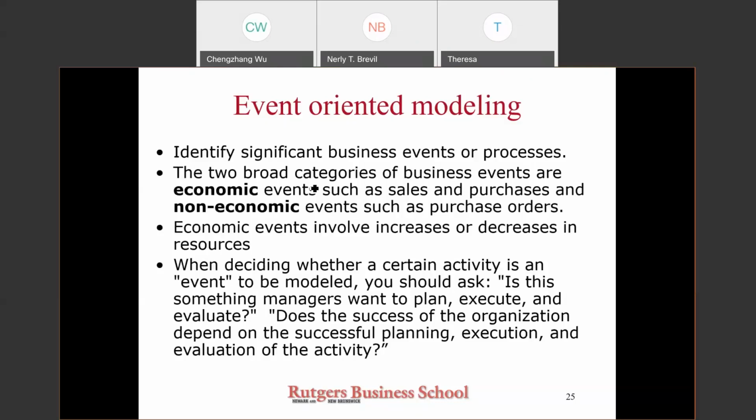These events are significant in the sense that the success of the organization depends on the successful planning, execution, and evaluation of these events. The two broad categories of business events are economic events, such as sales and purchases, and non-economic events.